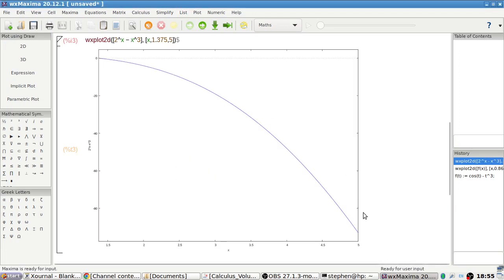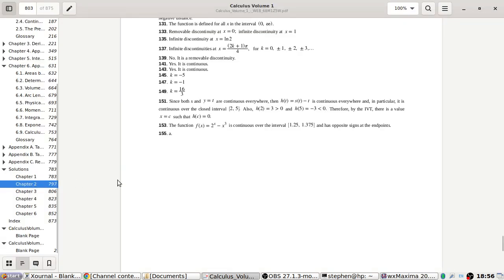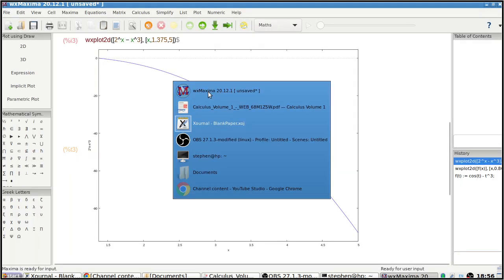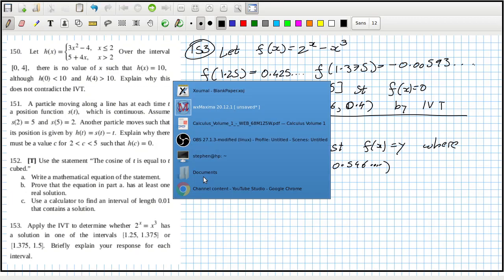So it's monotonically decreasing, so it doesn't have a root. And I wonder what it says at the back too for 153.